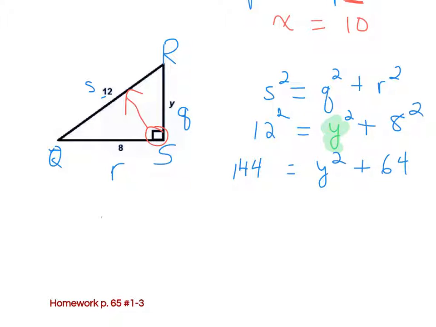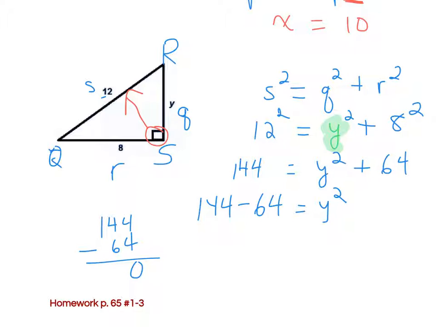So doing a little bit of math here, I know that I'm going to have 144 minus 64, and that's going to give me y squared. So 144 minus 64, let's just do that, 0 and then 8. So y squared ends up being 80.